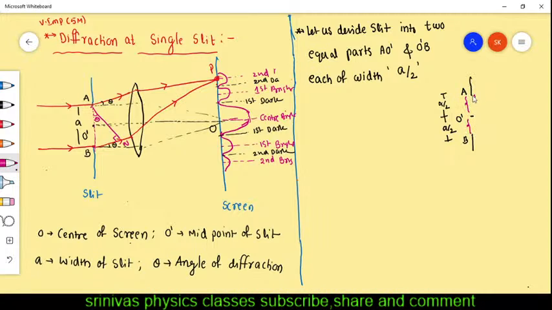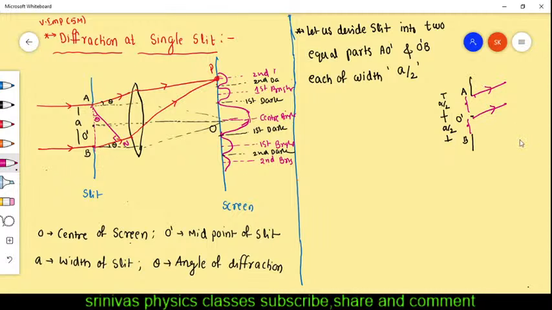The light starts from the first part and the light starts from the second part. I want the path difference between these two light waves. One light ray starts from the upper part, one from the lower part.